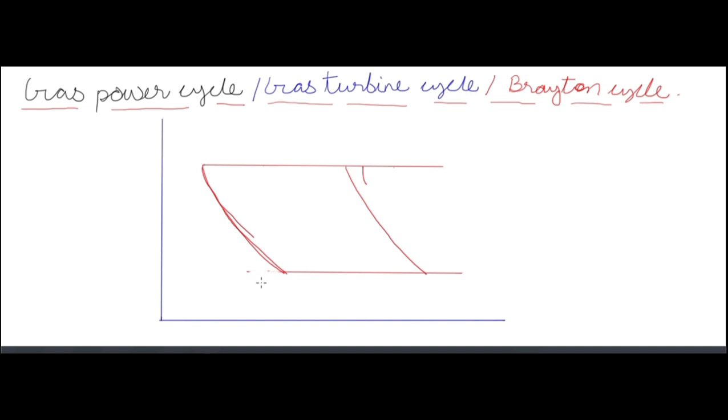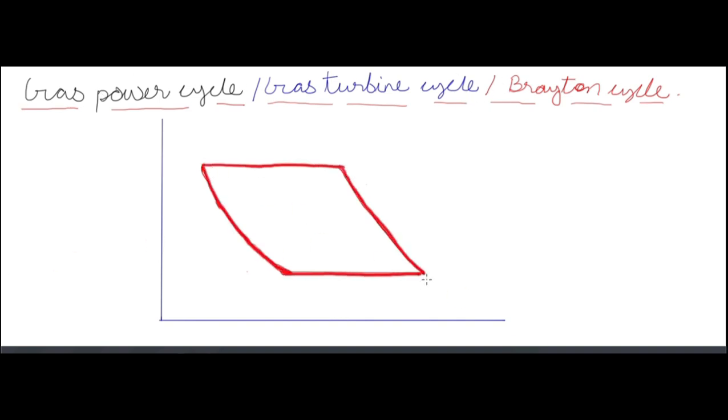So the first topic is gas power cycle or gas turbine cycle, which is called Brayton cycle. Turbine gives work, so it's called power cycle, and the gas turbine cycle is also known as Brayton cycle.